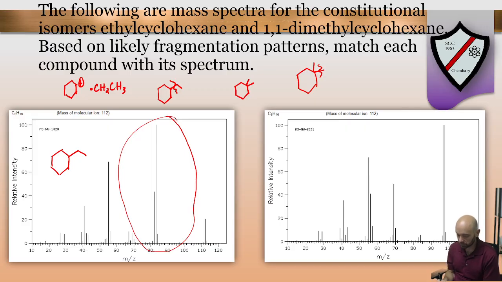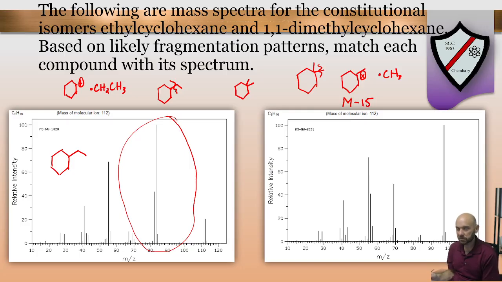By losing one of those methyl groups, we form a tertiary carbocation. And of course, we do have our methyl radical that we removed to do that. So we would expect a big base peak at M minus 15. To get that tertiary carbocation, we remove one methyl radical.